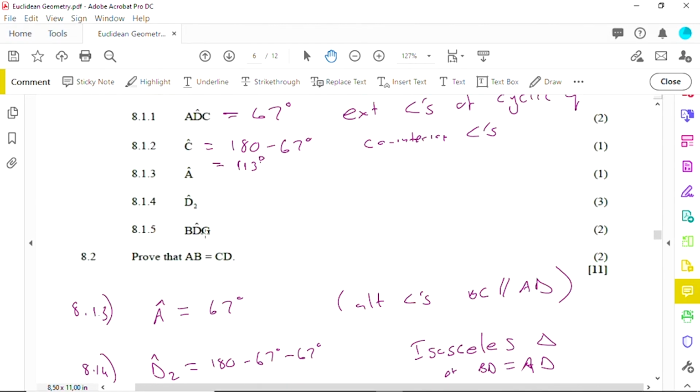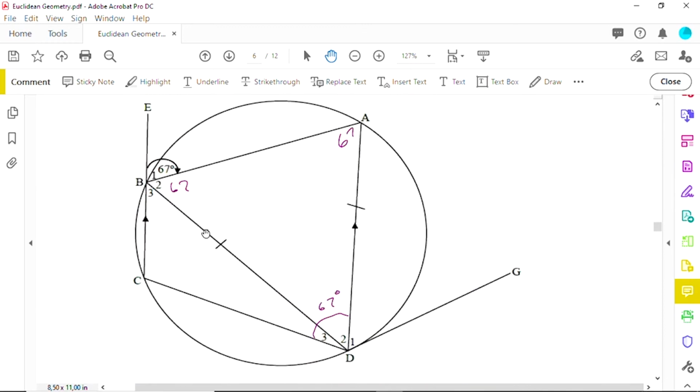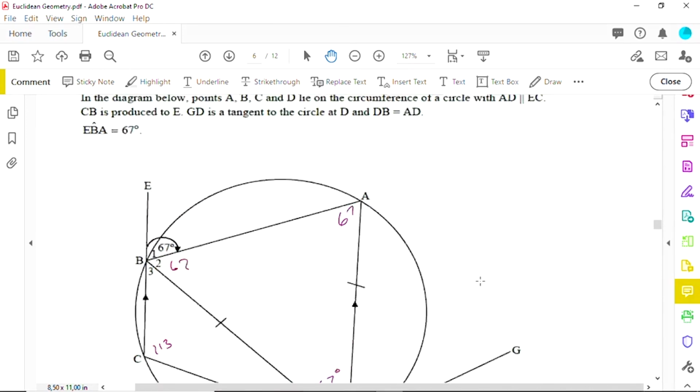Now look at BDG. Recall that we said this is 113 degrees. So BDG should also be equal to 113 degrees, because by the tangent-chord theorem, these two should be the same, as DG is a tangent.